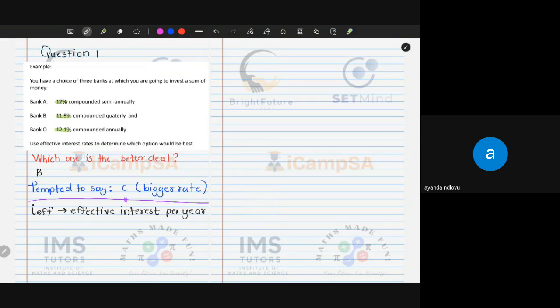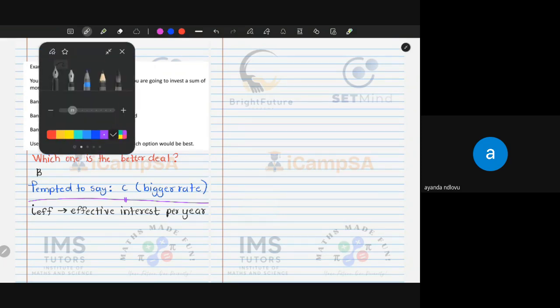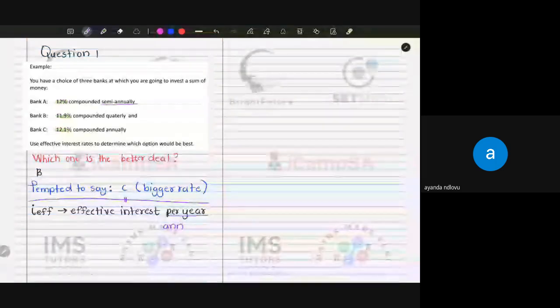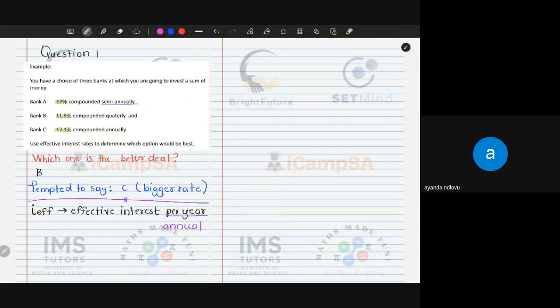This is what the I EFF will be. So when we find the effective interest rate, we are going to remove the semi-annually. We are converting it from semi-annually to per year, which is annual. We will be converting from quarterly, that interest from compounding quarterly to compounding annually. That is what we will be doing.